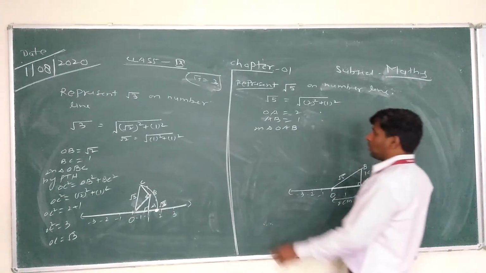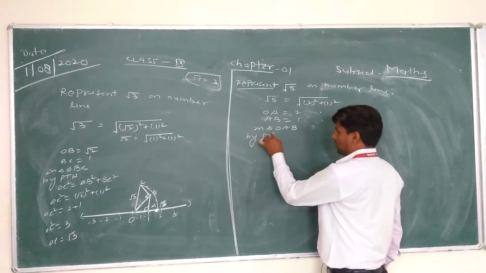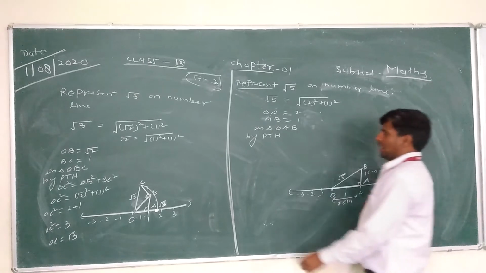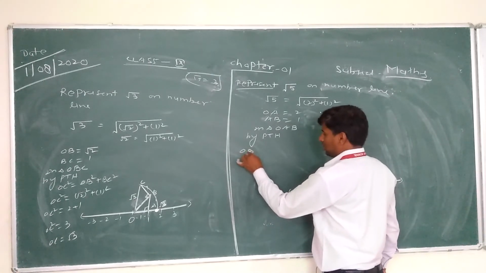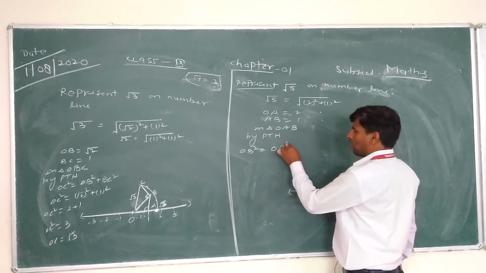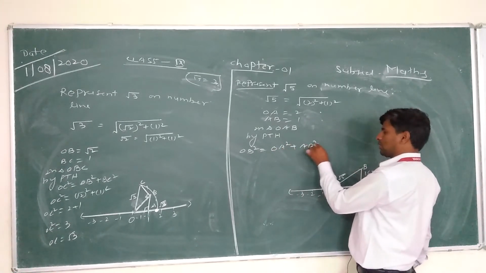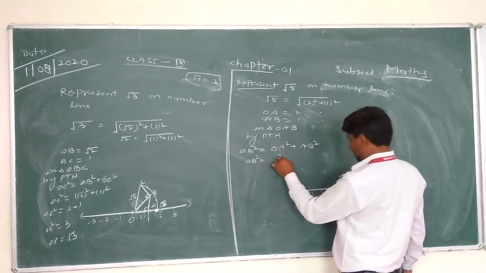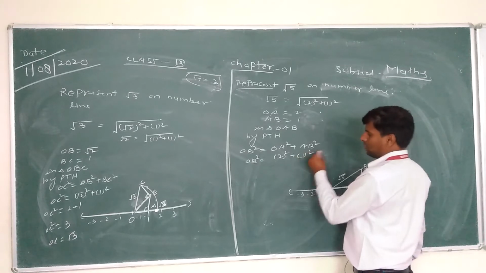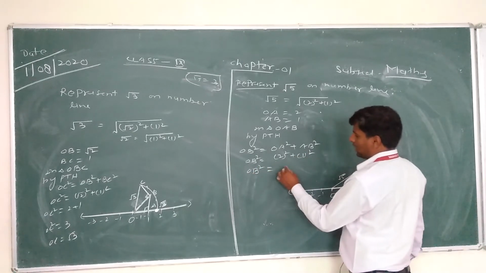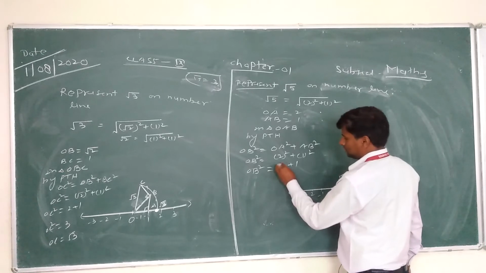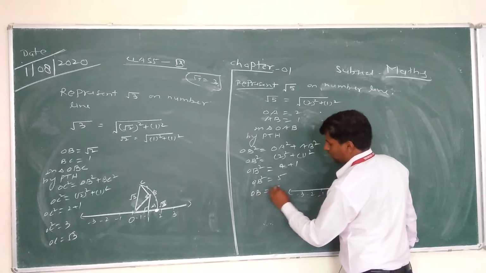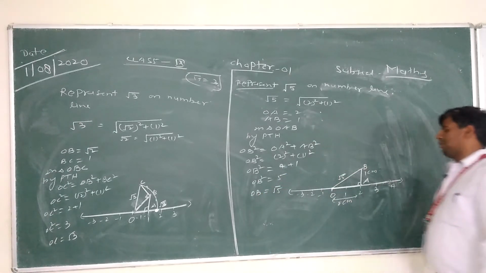So in triangle OAB, by using the Pythagoras theorem, OB square equals OA square plus AB square. So what is OB? OA is given as 2 square, AB is given as 1 square. So OB square equals 4 plus 1, which means OB square equals 5. So OB equals root of 5.